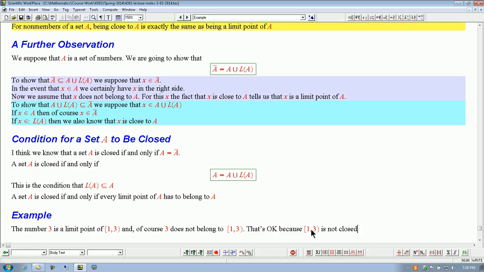See? A set is closed if and only if every one of its limit points belongs to the set. A set is closed if and only if this, which is the closure of A, is equal to A. This union will be equal to A if and only if all these guys belong to A.